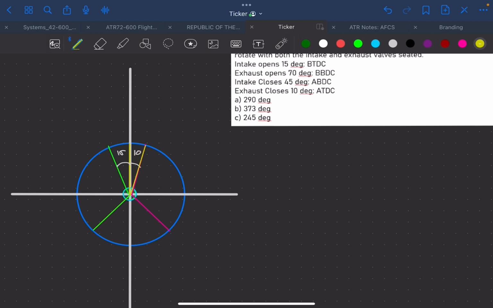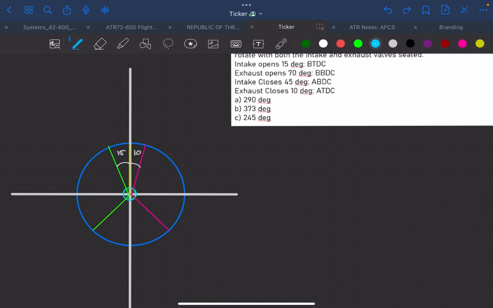After that 10 degrees, the intake valve remains open. Reaching 180 degrees plus 45 degrees, the intake valve closes. So, at this point, this is where we have both valves seated.